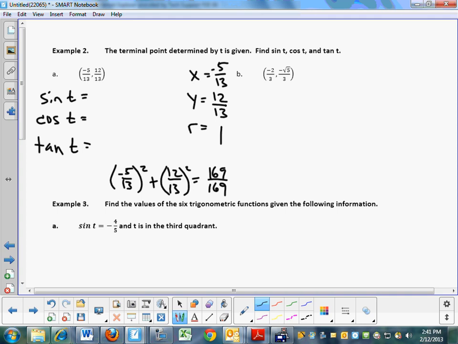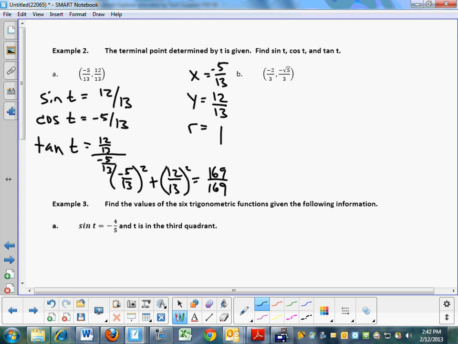So obviously, what is sine of t going to be? Y over r, which is 12 over 13. Cosine of t? X over r, which is negative 5 over 13. Tangent of t? 12 over 13 divided by negative 5 over 13.